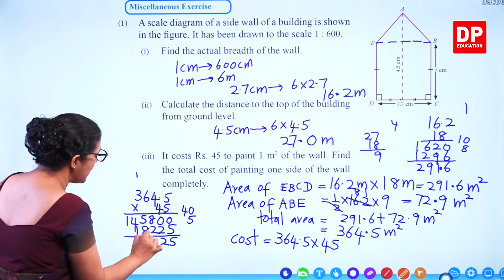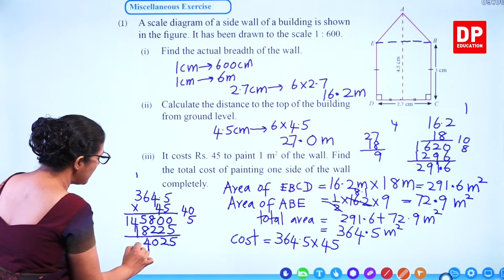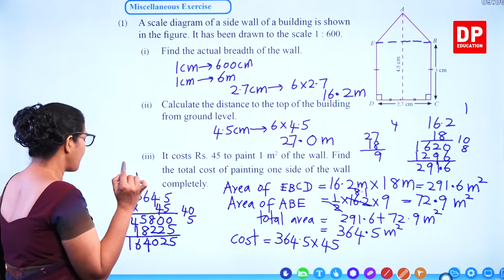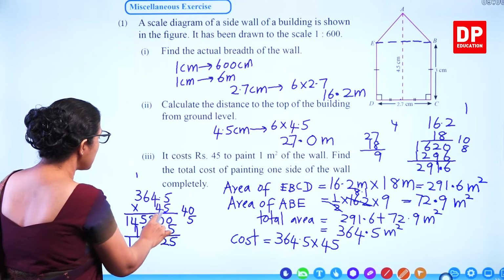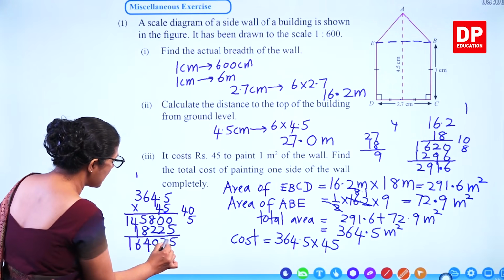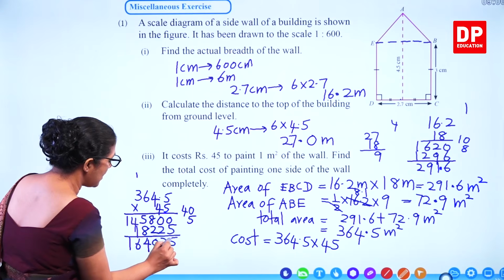So 1 remaining here, and then take it to this side. 5 plus 1, 6. So you get... how many decimal places do we have to keep? Only 1 decimal place. So that's here.